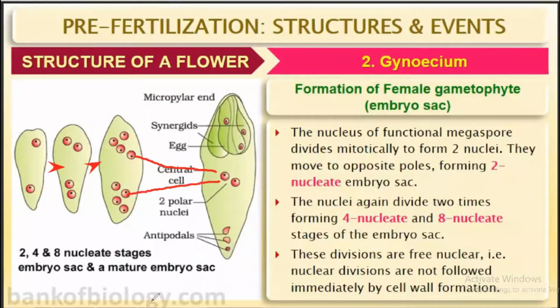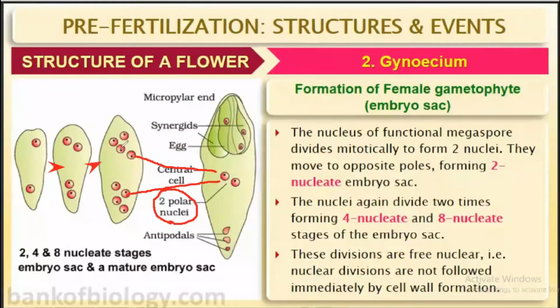Since they move from the opposite poles, they are known as polar nuclei. What are they called? Polar nuclei. Later they change into the central cell.